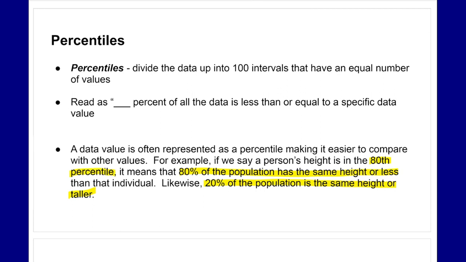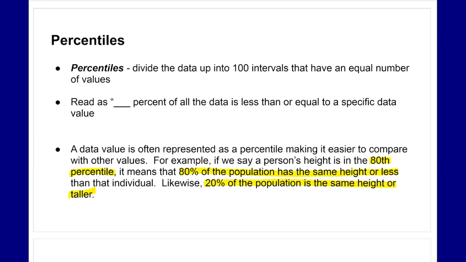Again, it's basically saying a certain percentage of all the data is less than or equal to that individual or that value, whatever it happens to be. So we can see where they fall in the scale of all the data: what percentage of data is below, and what percentage is above.